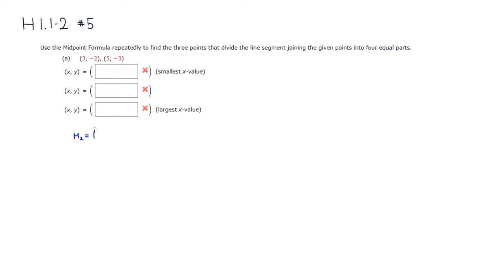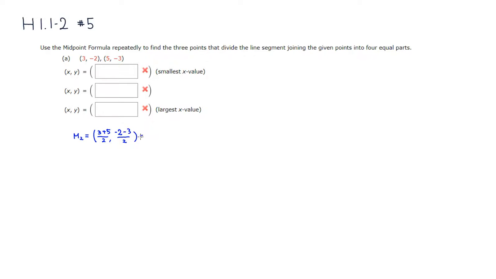We just have to take the average of these two coordinates. So you have 3 plus 5 over 2, comma, and negative 2 plus negative 3, so it's minus 3 over 2.